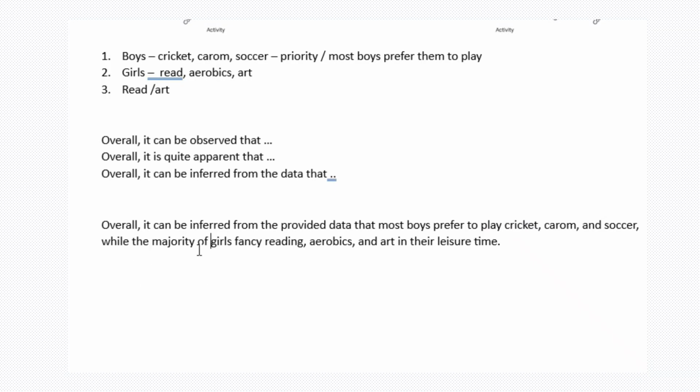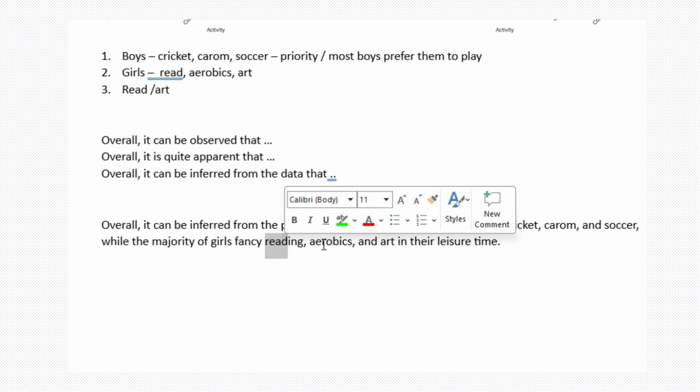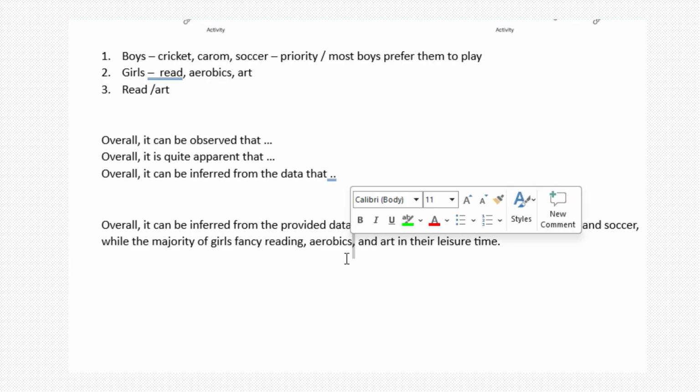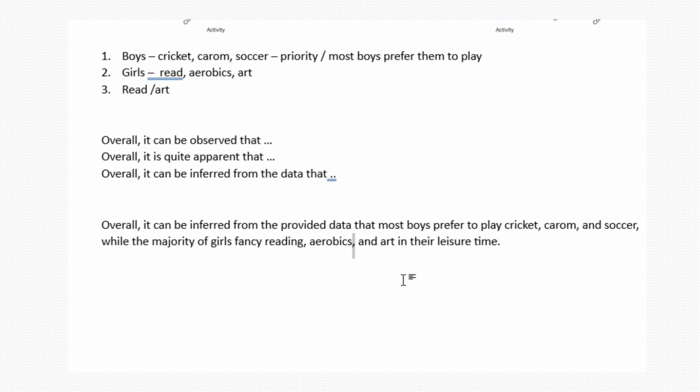While the majority of the girls fancy, again you can see that there are 3 listings: reading, aerobics and art. So 3 listings are there, so I am using a comma after every listing. You can see reading, comma after reading, comma after aerobics, and before "and," because there are three listings in their leisure time.